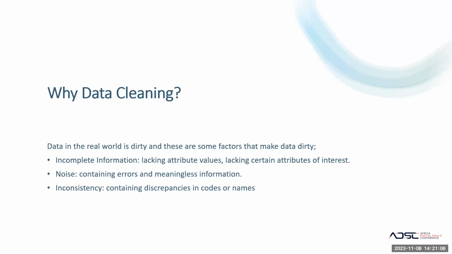Typically the data is dirty, and there are certain things you have to take care of. We have what's called noise, containment errors, and certain information that is also meaningless. You don't even need it in the data. You need to take care of it if you want to get meaningful insights from the data. And we have inconsistencies, where there are certain discrepancies in the data. Some information doesn't add up to certain things.